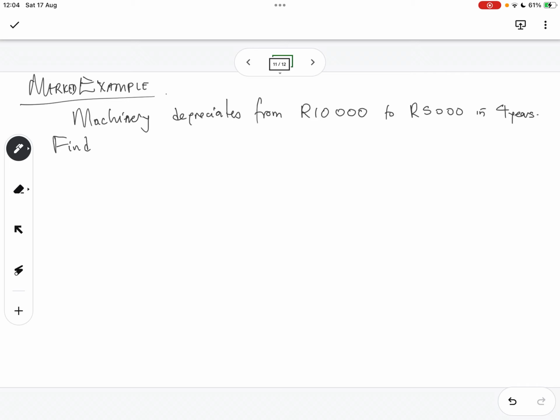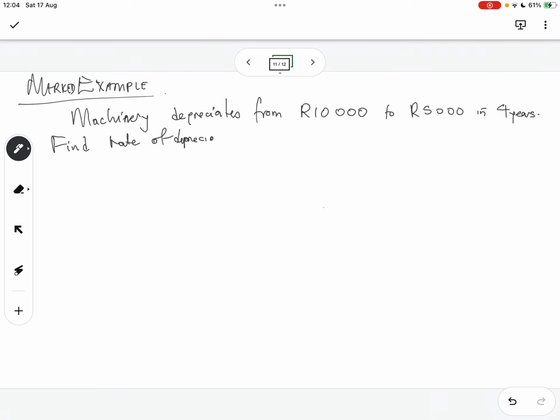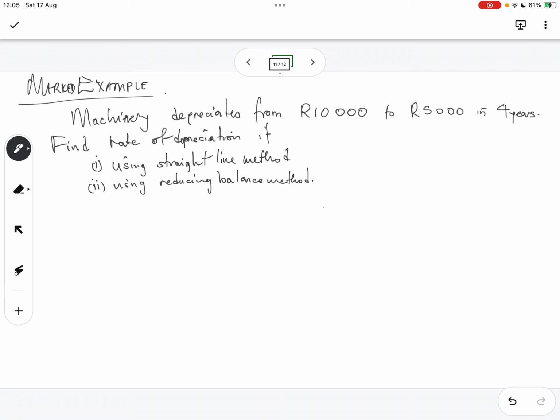We must find the rate of depreciation, in case A if we use the straight line method, and in the second case if we are using the reducing balance method. So we'll do this.